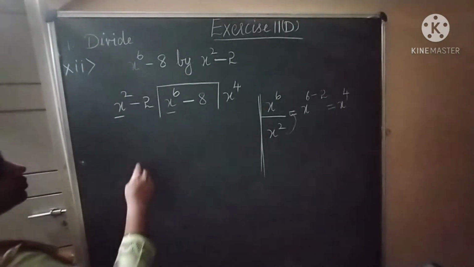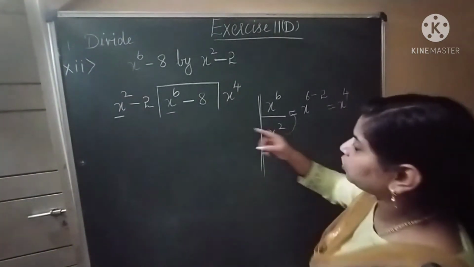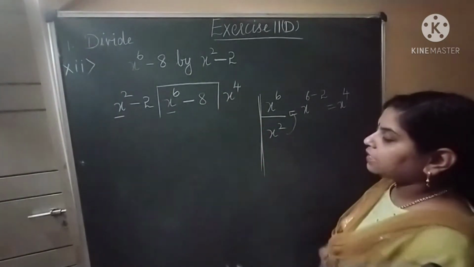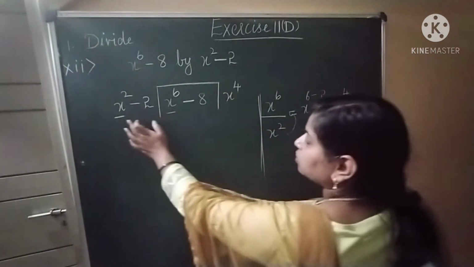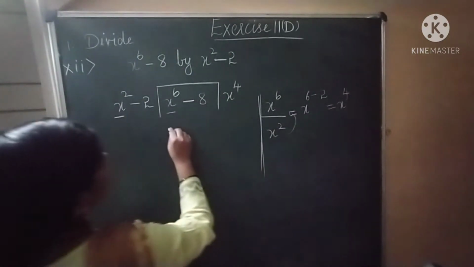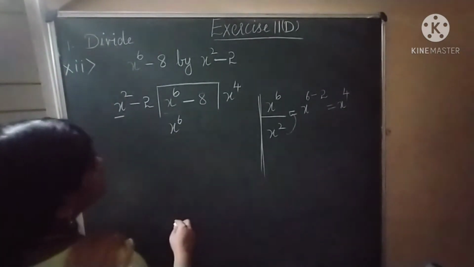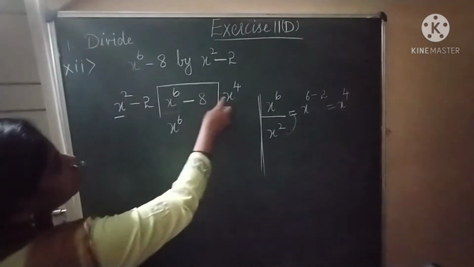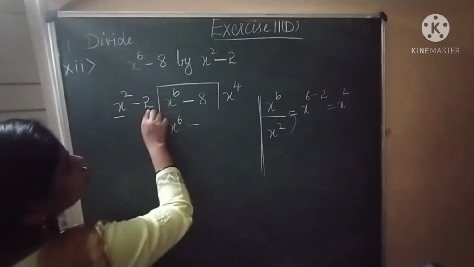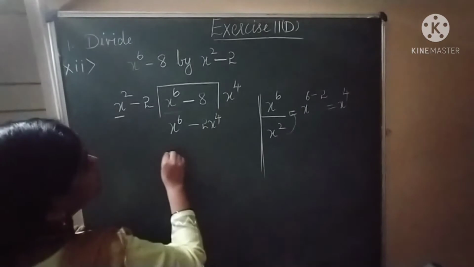Next, after division, you multiply the divisor and the quotient. So x square into x to the power of 4 gives you x to the power of 6, and minus 2 into x to the power of 4 gives minus 2x to the power of 4 hmm.